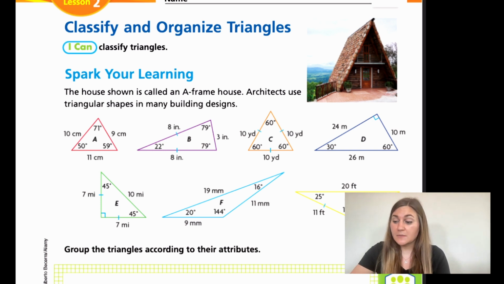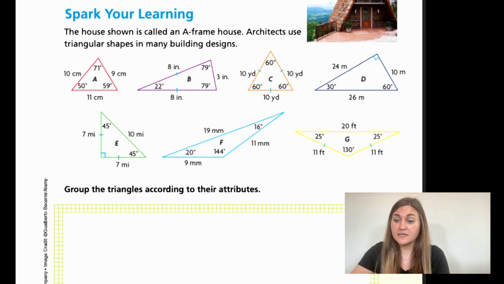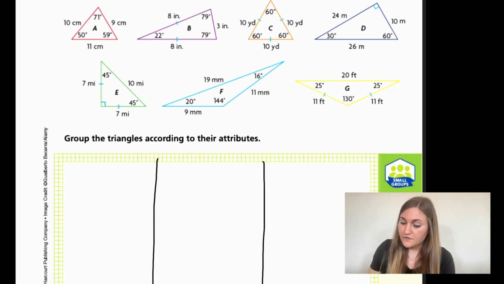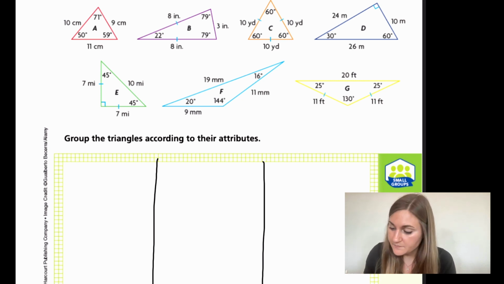So what we're going to do is make 3 columns showing the differences with their angles and their sides. I'm just going to split up my whole chart into 3. The first one is going to be that there's no equal sides or angles.